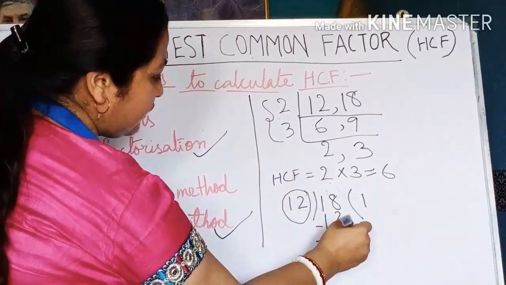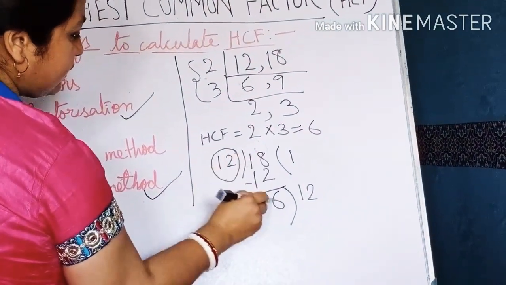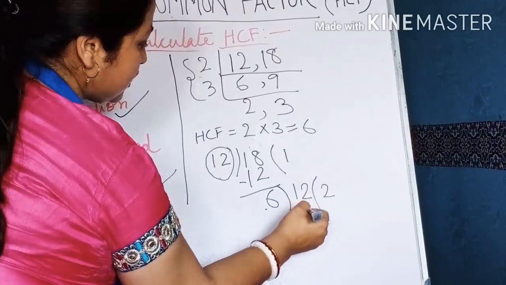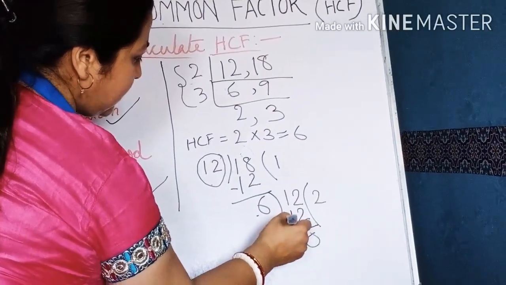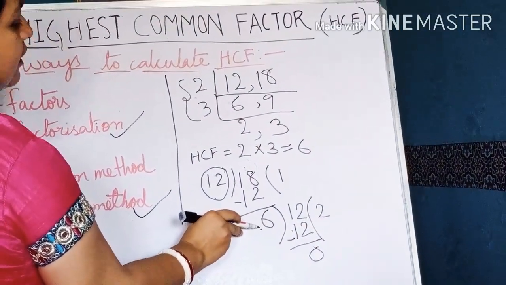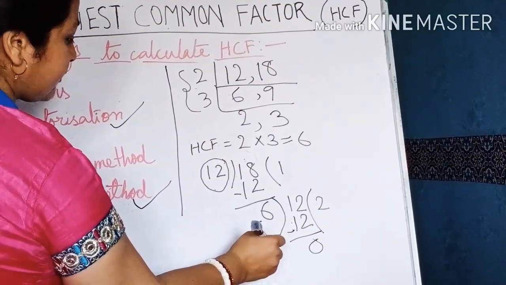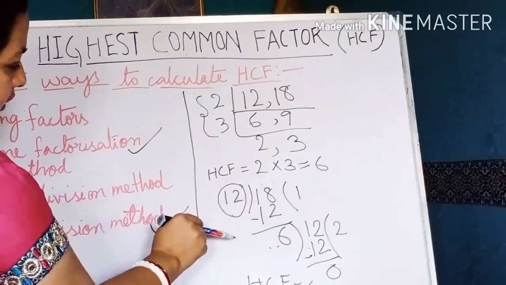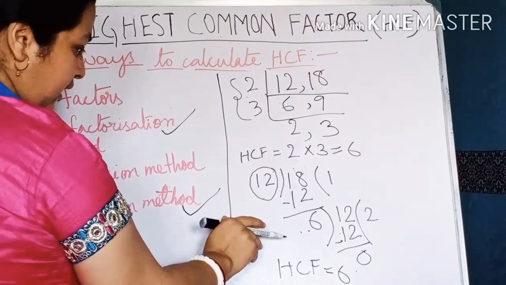The divisor will come over here and we will be dividing this divisor with the remainder. So 6 2s are 12. See, the remainder becomes 0. When the remainder becomes 0, the divisor becomes the HCF. So HCF is 6. We will be doing this long division method by now taking some bigger numbers.